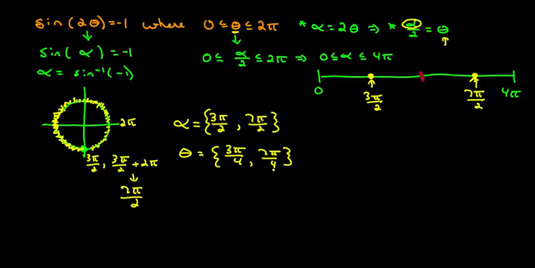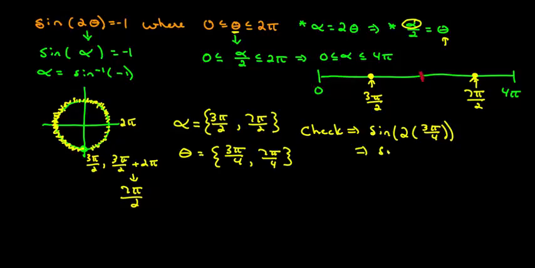If I plug these two values in, I should have solutions. So let's just check. If I take the sine of 2 times 3 pi over 4, I should get -1.